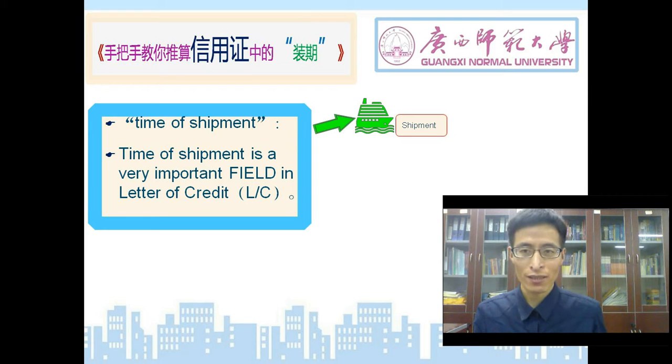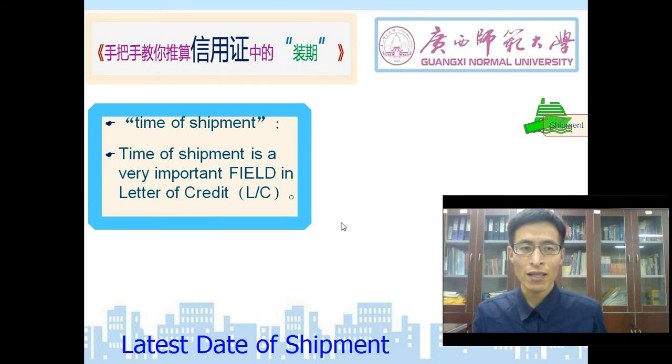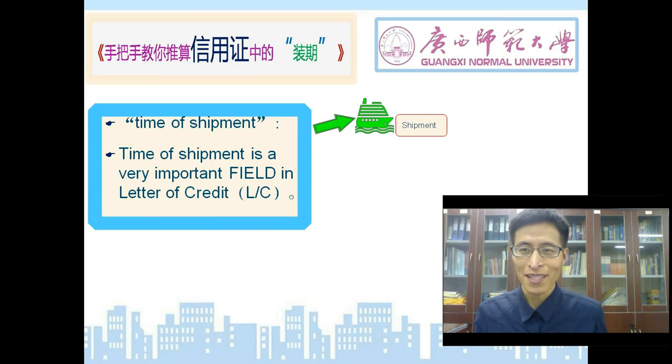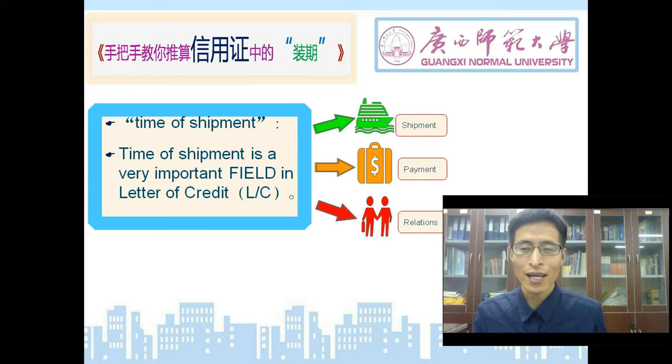The first aspect is the time of shipment in international trading. The second aspect is the payment in international trading. And the third is the relationship between the exporters and importers in international business.